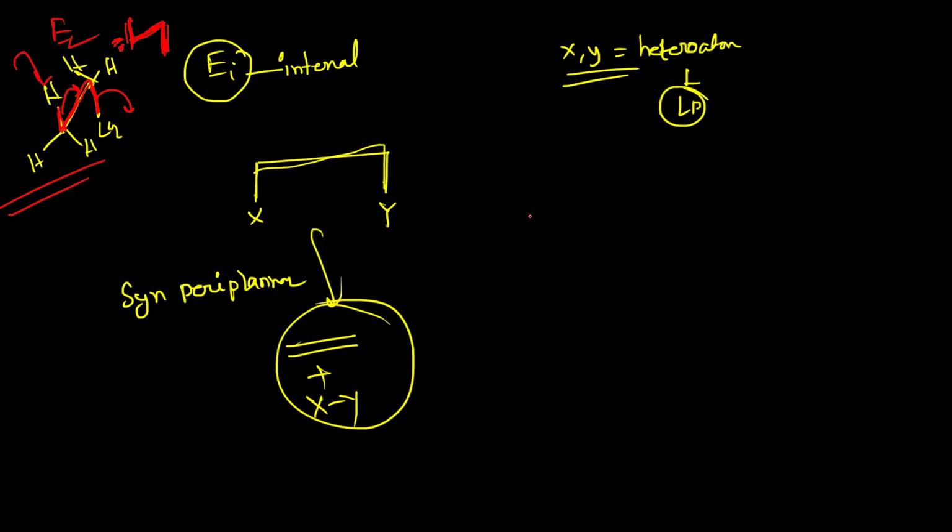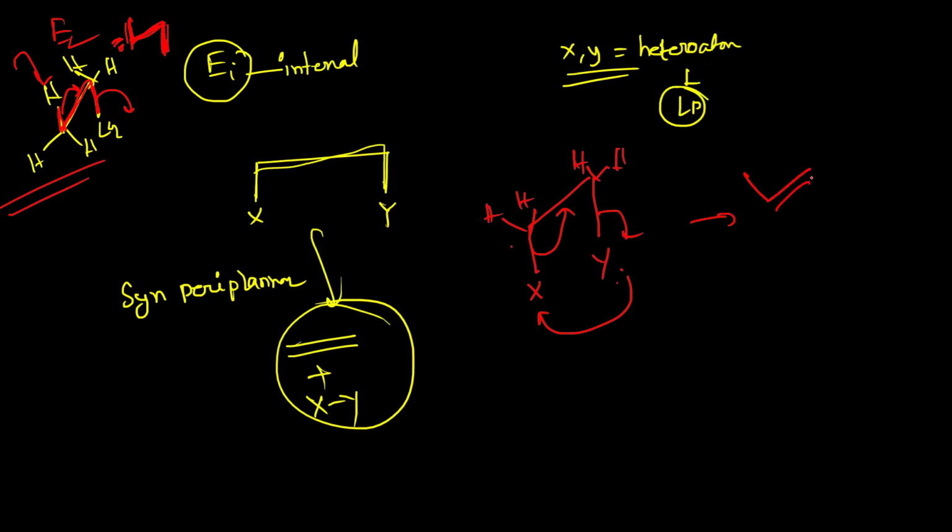So suppose I have it like this. I have a group X and I have a group Y, with hydrogens on the carbons. What will happen? My Y will attack X and this bond will shift and this will shift.